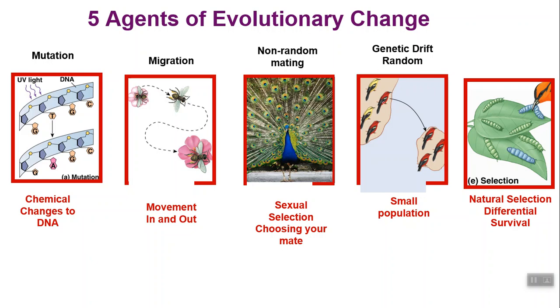This is genetic drift, so an event that changes the allele frequencies, not because there's a benefit to being a red bird on this island over here out in the ocean, but just because those are the birds that showed up. It's kind of like random chance, which is different than natural selection, which is not random chance. So there are elements of chance in genetic drift, but natural selection is not part of that. And then natural selection, right, which is very much not random. So those are your 5.